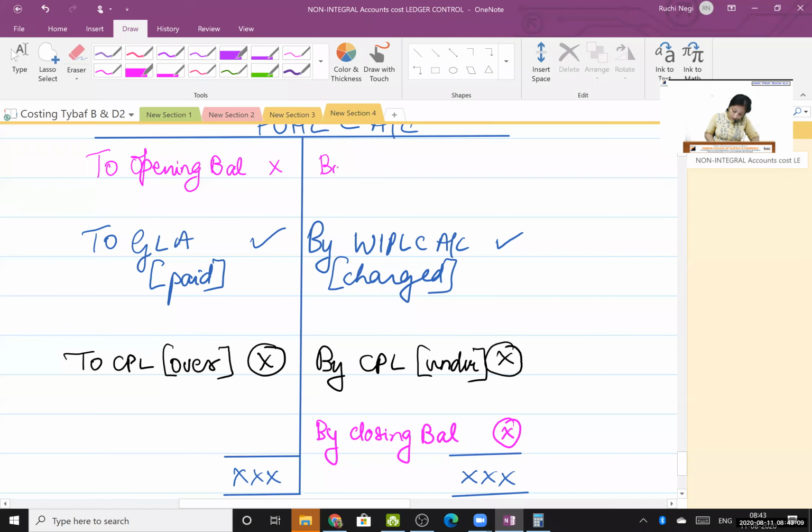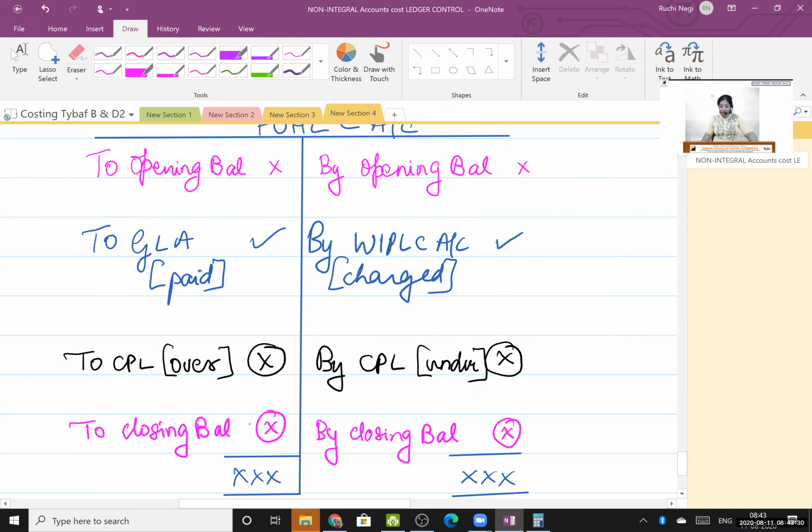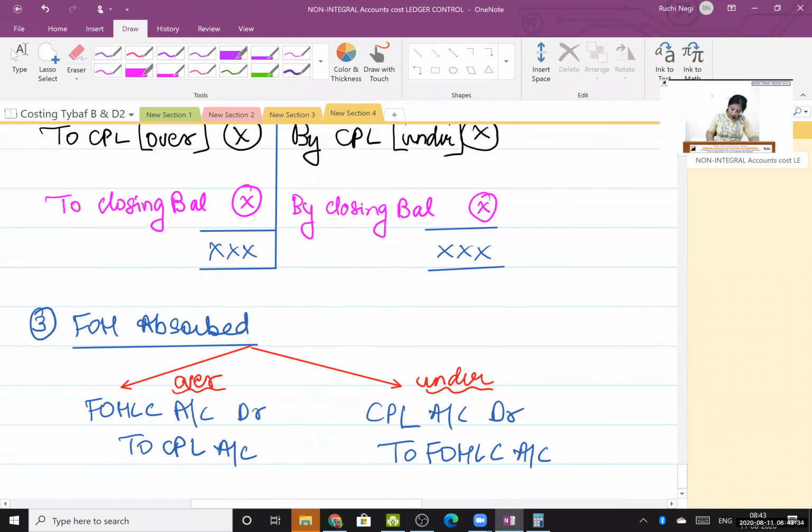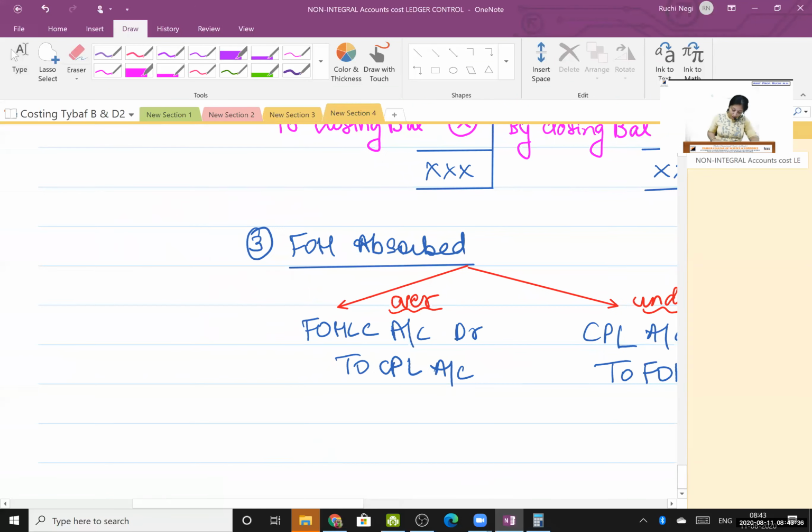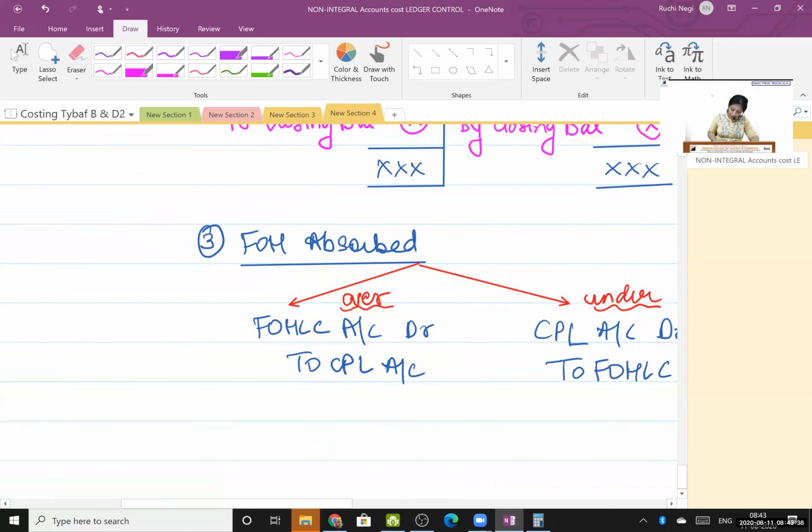Opening balance ये साइड भी हो सकता है. तो फिर इसका closing होगा. Is that clear? So what is this known as? I'm writing a note here.